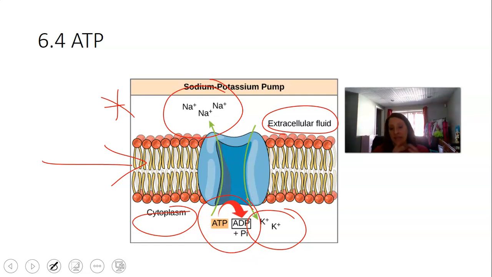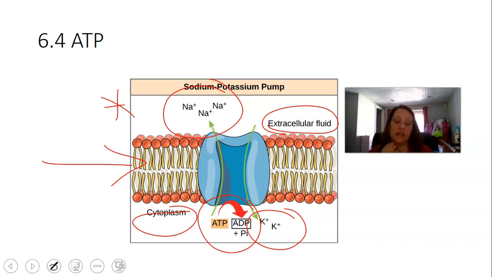So what will happen is ATP, that terminal phosphate, phosphate number 3, will come off of ATP and will be added to the carrier protein. And so now we're left with ADP and inorganic phosphate, Pi. And the transfer of that phosphate is equivalent to the transfer of energy.